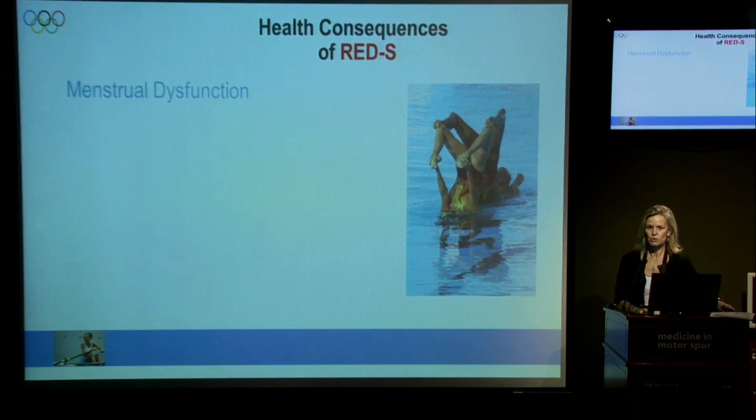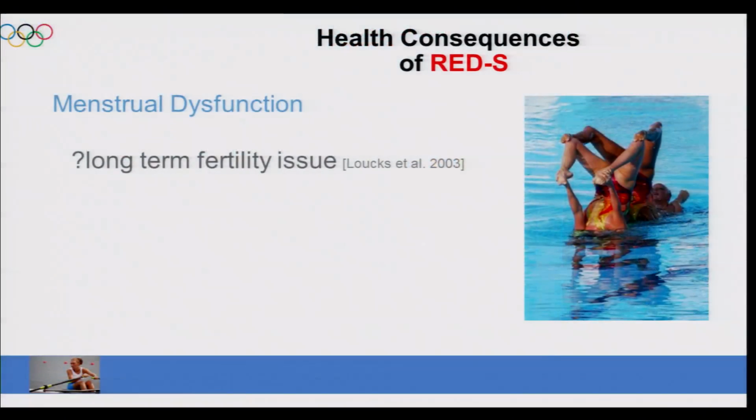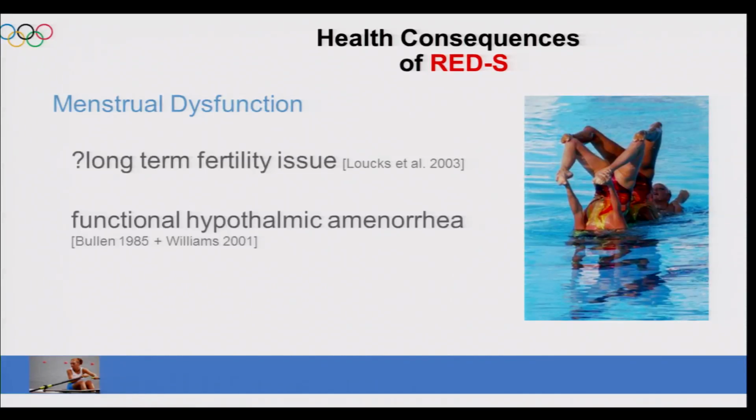So let's take a few and discuss in a bit more detail. In particular, menstrual dysfunction, the health consequences. There's a question of long-term fertility issues. We all know of the extensive literature on functional hypothalamic amenorrhea. And we do know for some women that the emotional impact of amenorrhea can be significant.